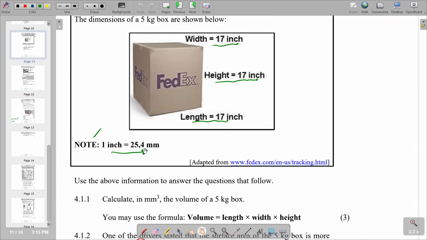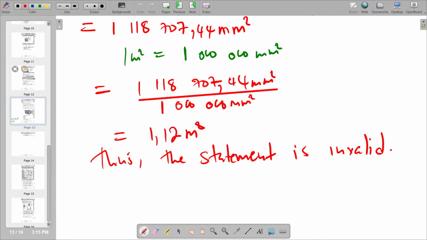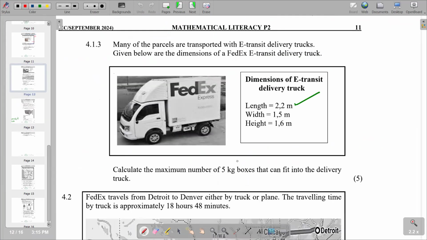We multiplied 17-inch by 25.4, and we got 431.8 millimeters. And then we have to convert to meters, as in this case we have to compare with 2.2 meters, which is in meters.